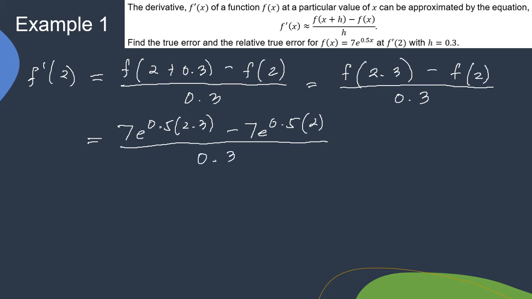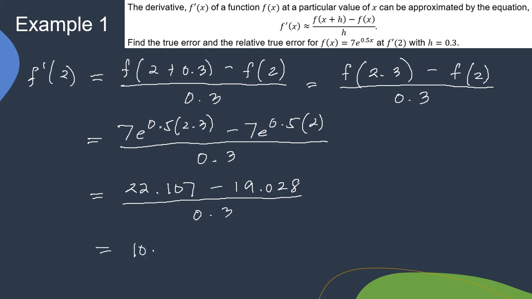And then we now have 22.107 minus 19.028 divided by 0.3. This is now equal to 10.263.